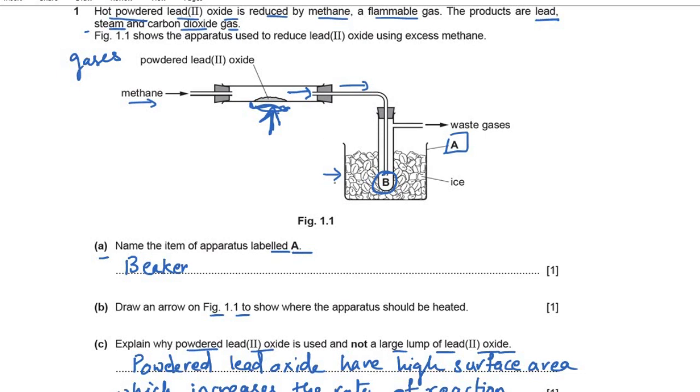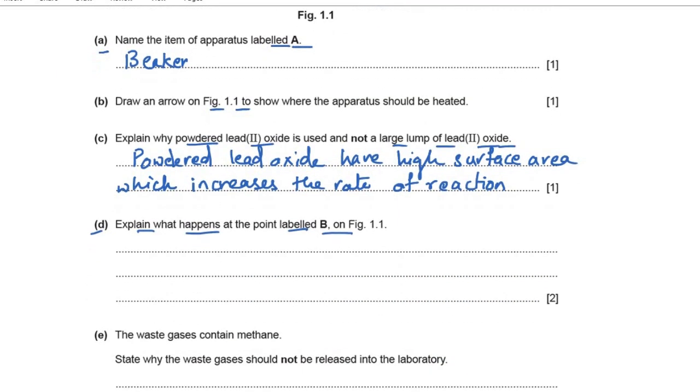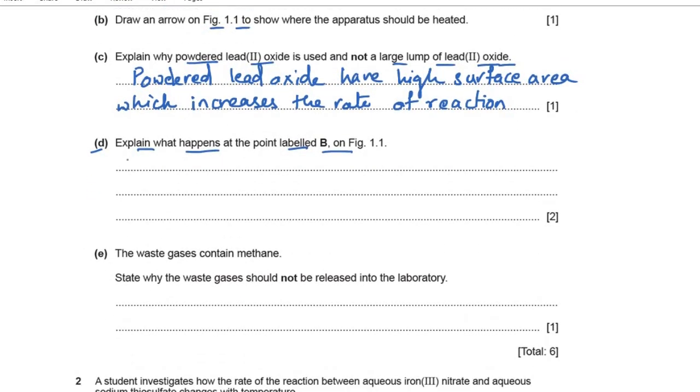Now if the steam is passing off and here is the ice to cool it down, the steam is going to condense back into water. So what is going to happen at the point labeled B? We can write that the steam condenses into water.